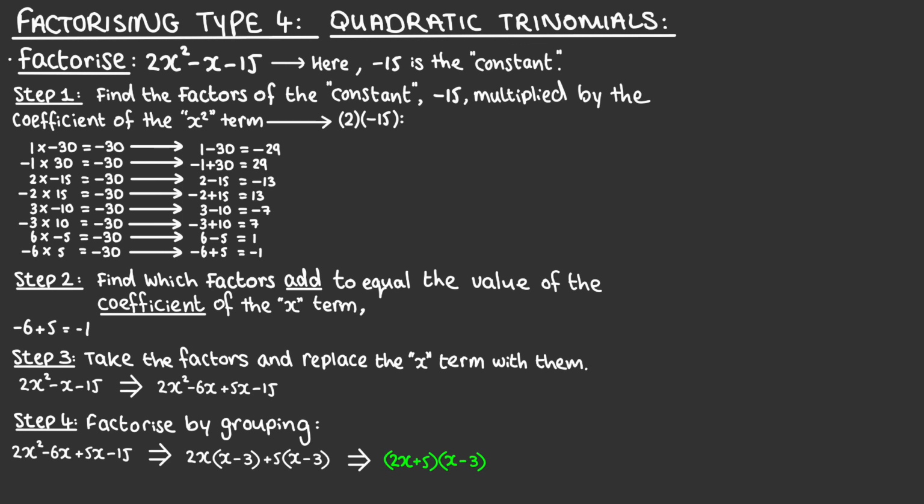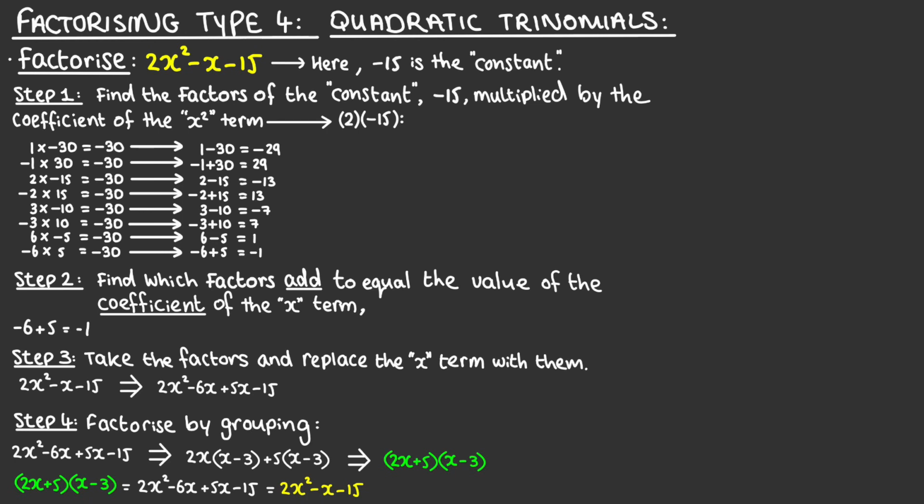By putting everything together, we ended up with two binomial expressions that represented the trinomial expression that we started off with. As always, we can then multiply out the brackets to check our answer. Multiplying these brackets out and simplifying, we end up with 2x squared minus x minus 15.